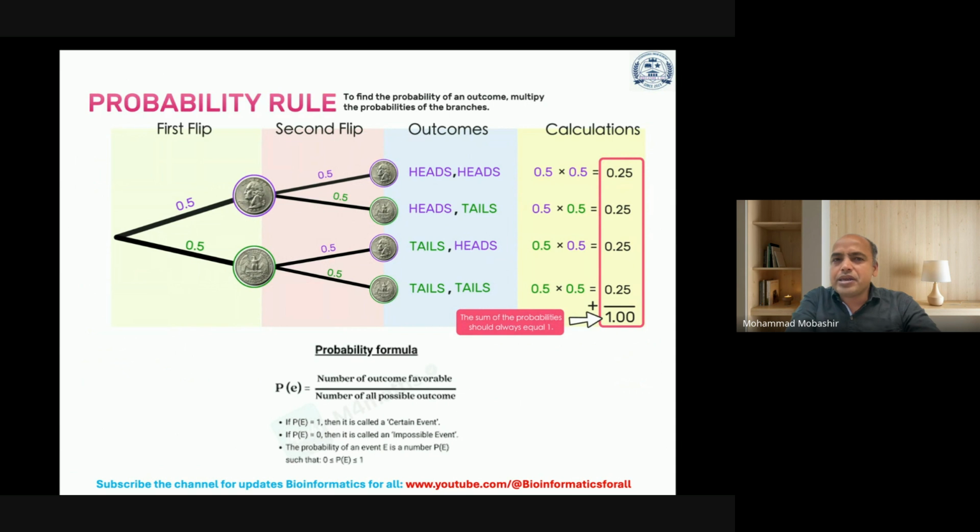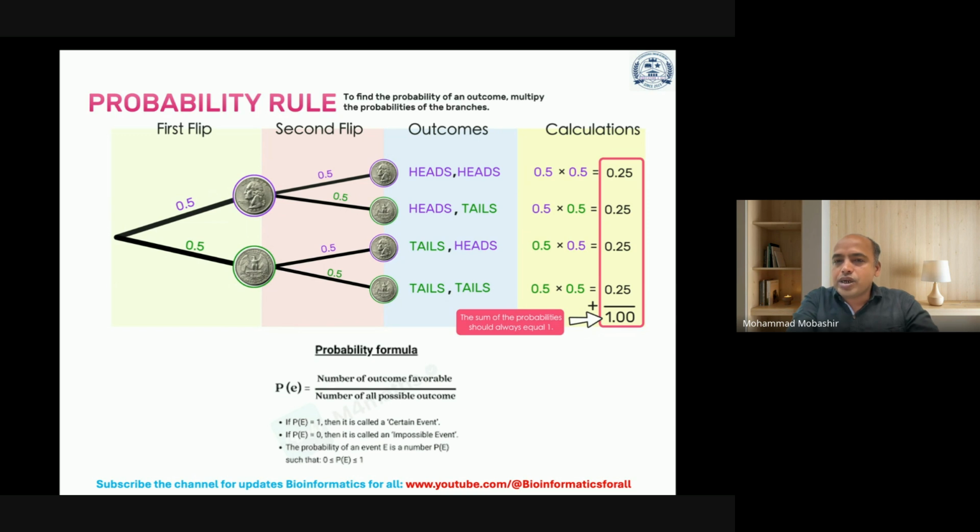And in general, what is probability? Probability is to find the possibility of a possible outcome and multiply the probabilities of the branches which you are seeing here in the calculation. This is quite basic if you want to understand probability. First, find the probability of the outcome, then multiply the probabilities of different branches.